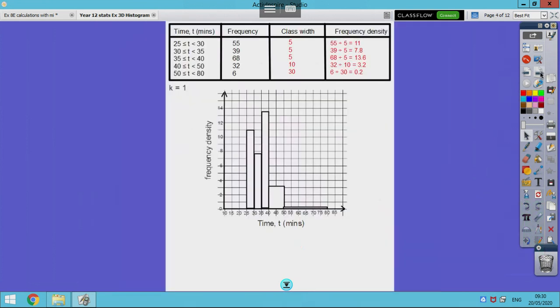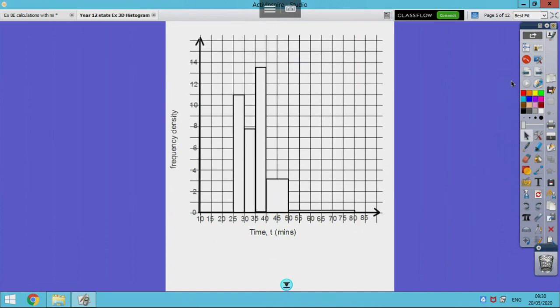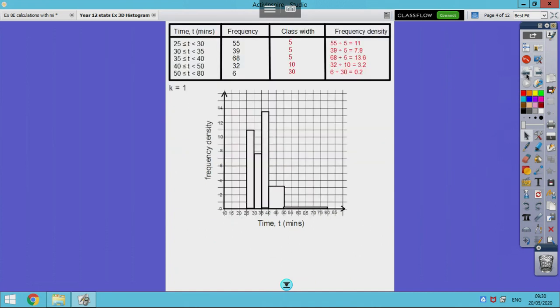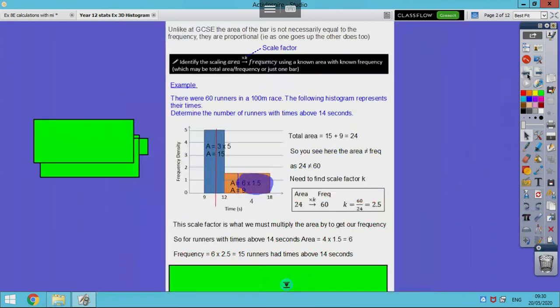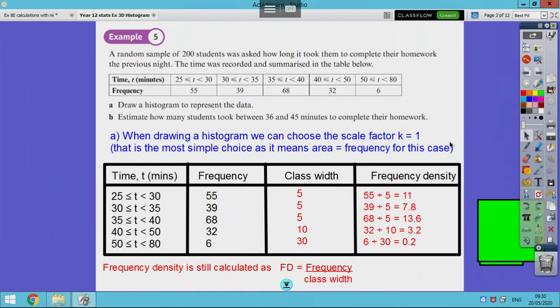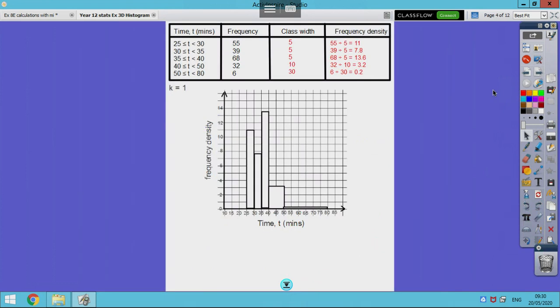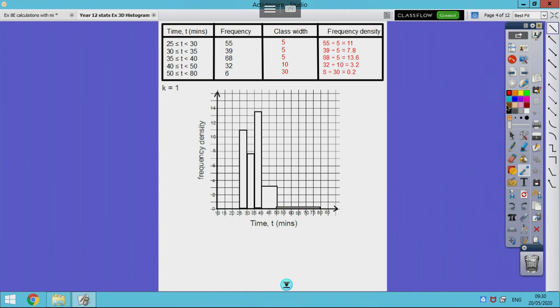I think I wanted to do something else, didn't I? Yeah, I wanted to do a frequency polygon. This is the second skill that I want us to do, to be fair. Sometimes they ask you to firstly draw a histogram and then a frequency polygon. Now, a frequency polygon is basically where you go to the midpoint of each bar and you join the midpoint of each bar up with the midpoint of the next bar.